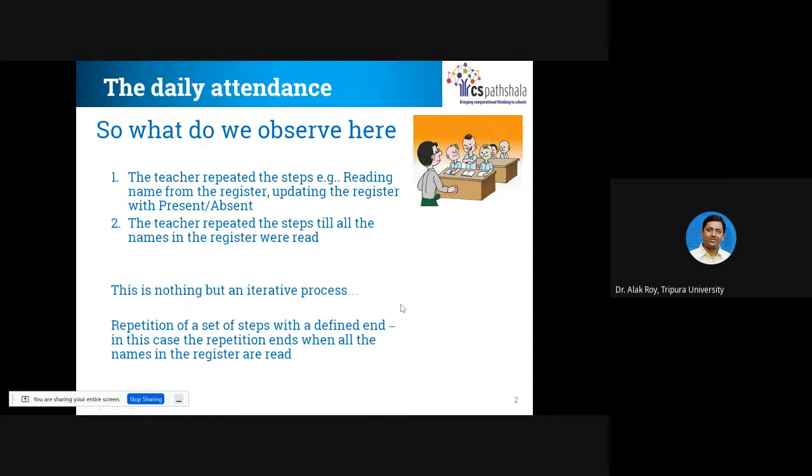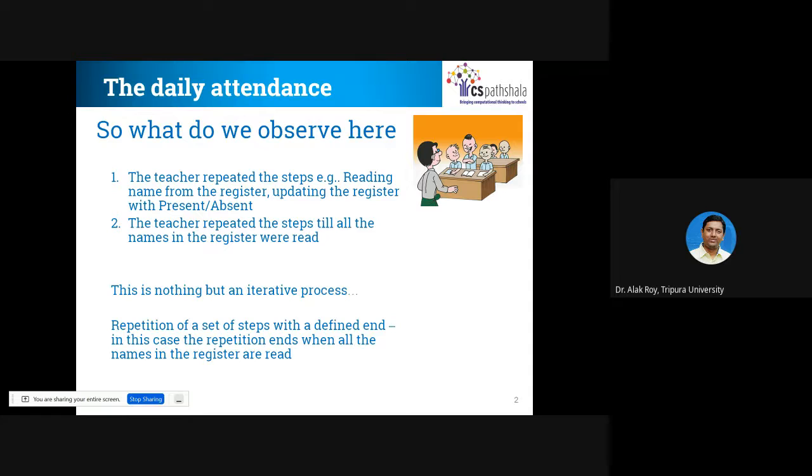Now, what do we observe here? The teacher repeats some steps, like reading the name and updating the register with present or absent. So the teacher repeated the steps till all the names in the register were read. This is nothing but an iterative process.